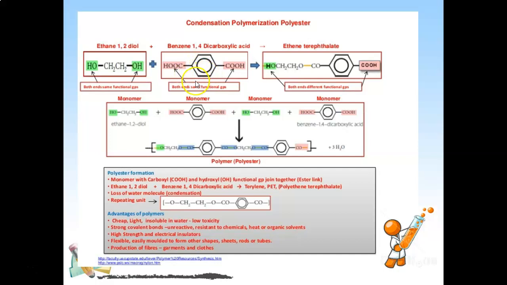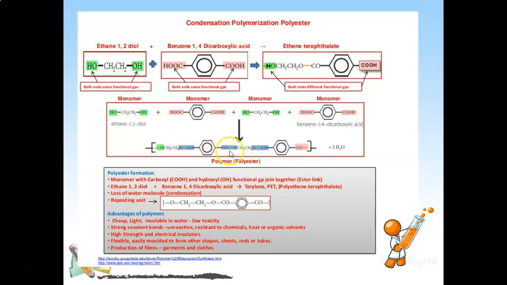Both ends of this structure have the same functional group, which is COOH. And when these monomers polymerize or react together, they will tend to produce ethylene terephthalate, with different functional groups at both ends, consisting of an OH structure and a COOH structure.